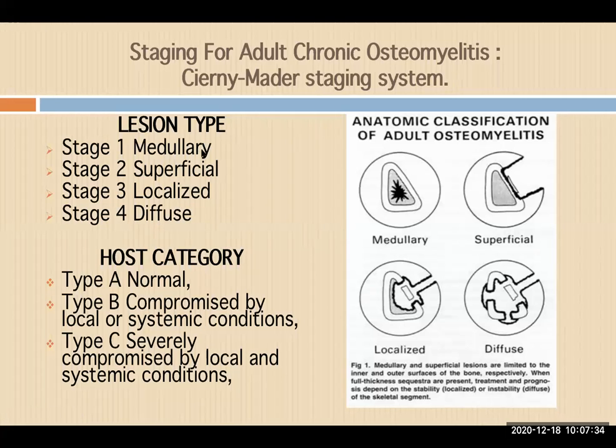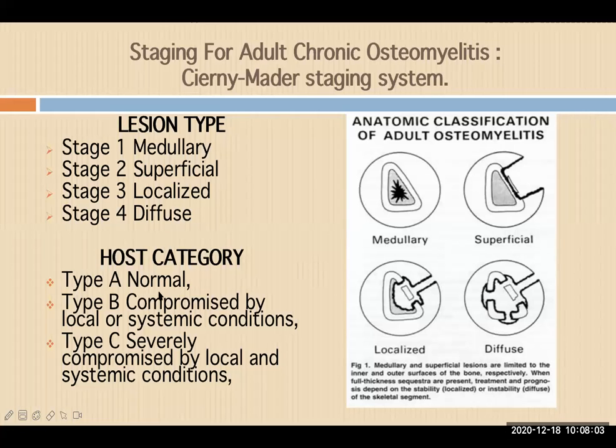According to the affection of the bone, this type of classification is given. Medullary is right at the center of the bone, the medullary cavity. Superficial is towards the periosteal area, the superficial part of the cortex as well as the periosteal area. Localized is in one area of the bone, and diffuse means multiple areas of the bones are affected.